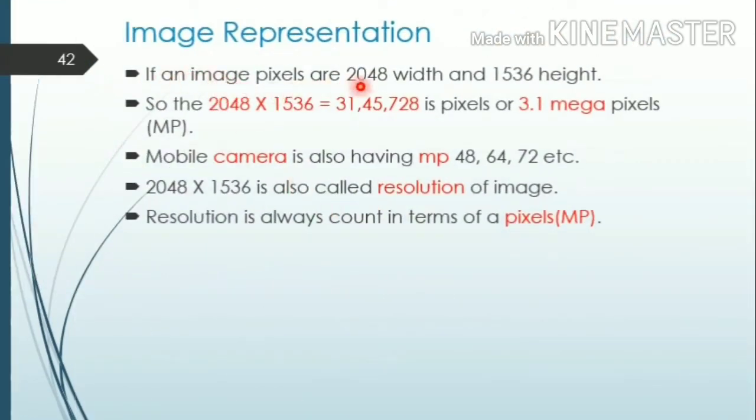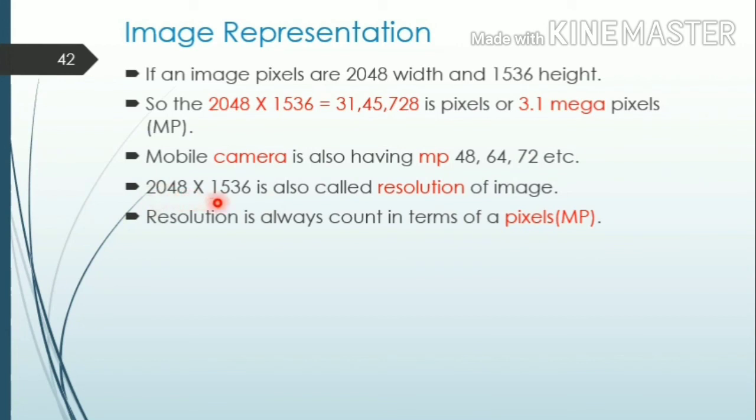If an image has 2048 width and 1536 height, we multiply both numbers and get 3,145,728 pixels, or we can say equivalent to 3.1 megapixel, in short form MP. That is familiar to you when you use the mobile camera, it always shows MPs. That is called megapixel. Mobile cameras also have MP sizes like 48, 64, 70, etc.